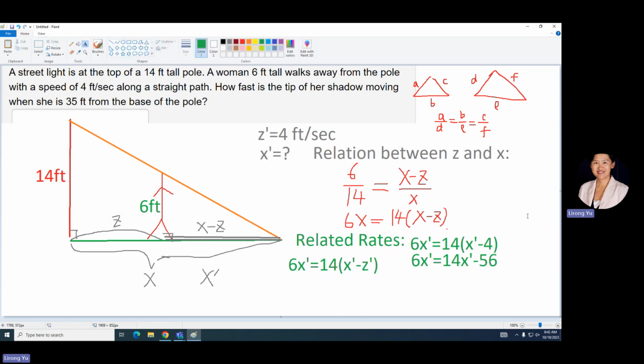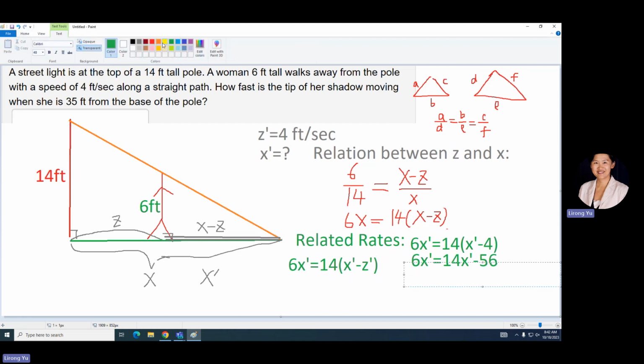And then we move the 6x prime over, so we will subtract 6x prime. Then the left side will be 0.